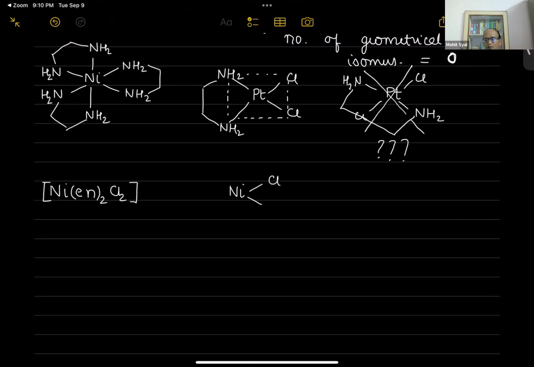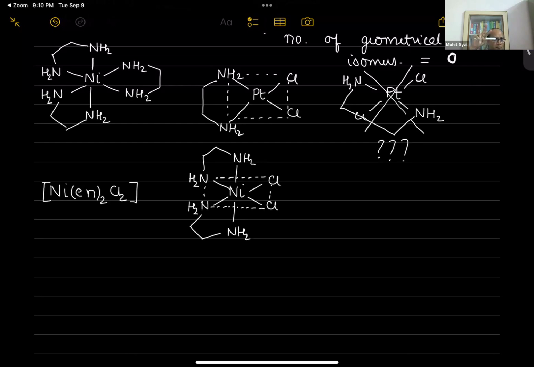Let's try to draw the cis one first. This is the cis isomer. Marwa, is it clear or not? Jasleen? Yes, sir.